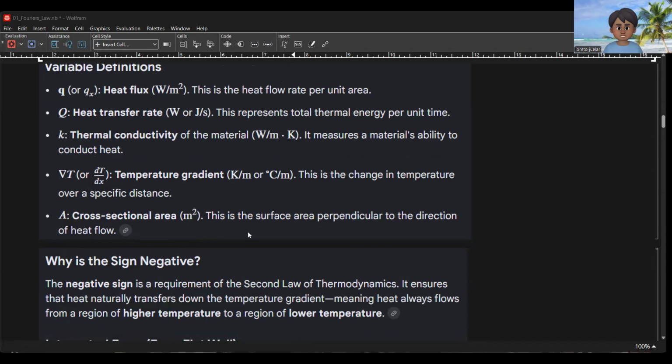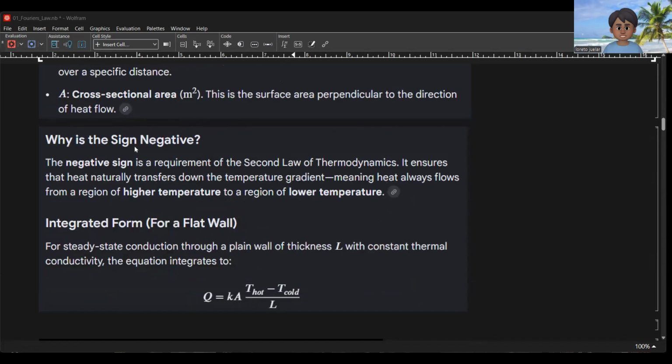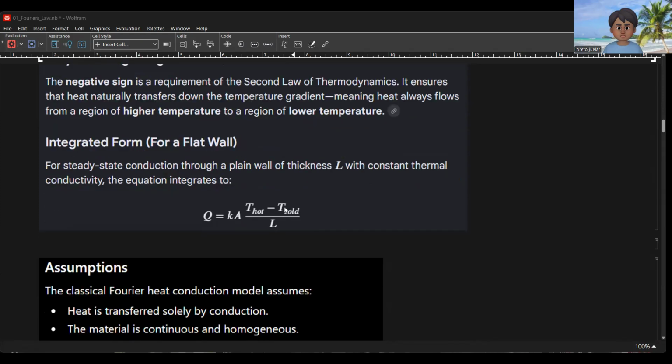This is the surface area perpendicular to the direction of heat flow. So why is the sign negative? The negative sign is a requirement of the second law of thermodynamics. It means heat naturally transfers down the temperature gradient, meaning heat always flows from a region of higher temperature to a region of lower temperature.